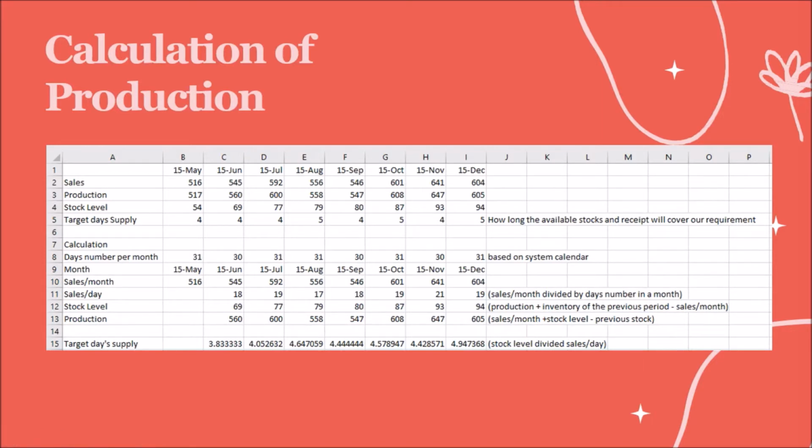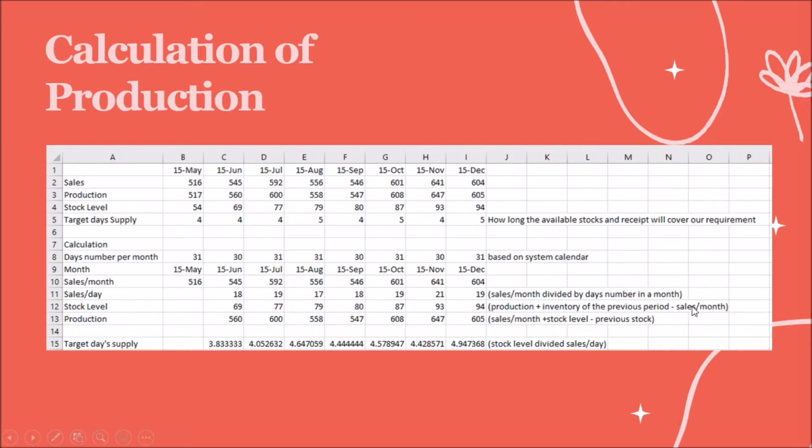So in this production, in June is 560, and in July is 600, but the sales is up to 500. We are afraid that, it's better to have a lot than less.